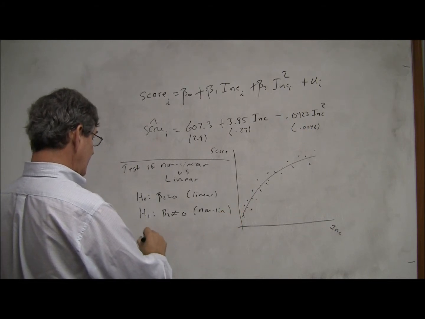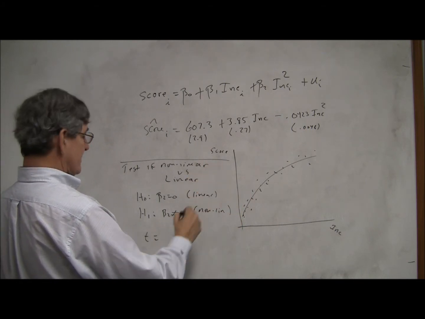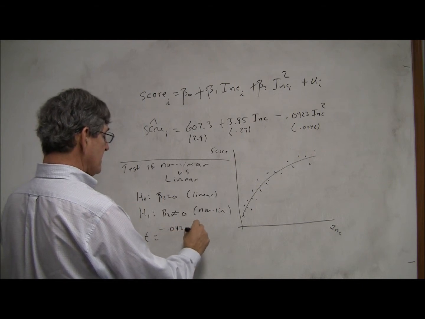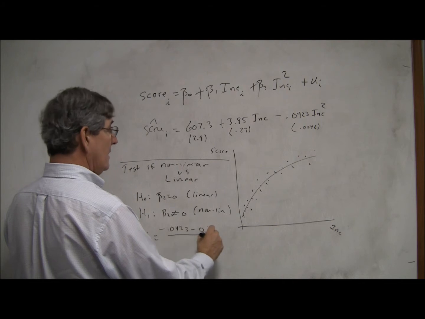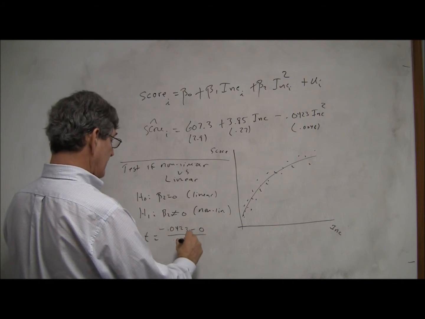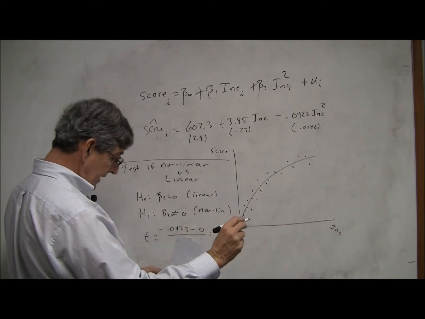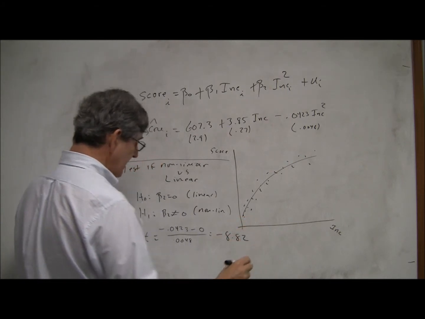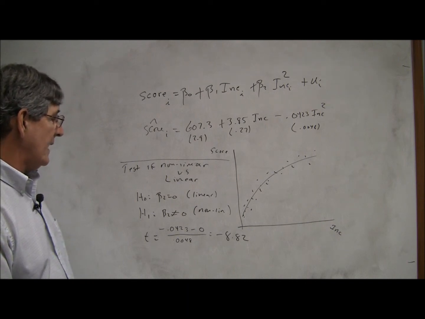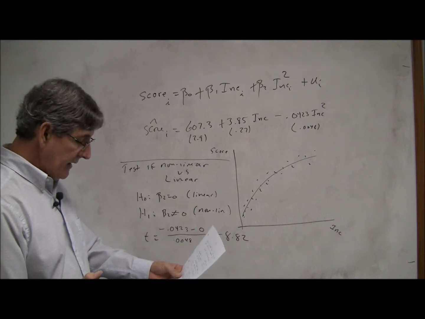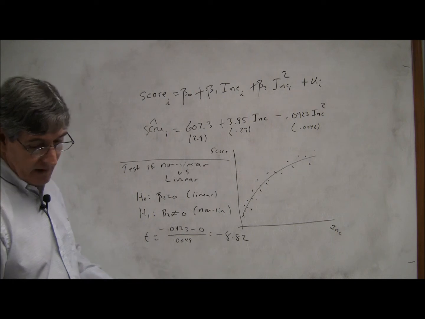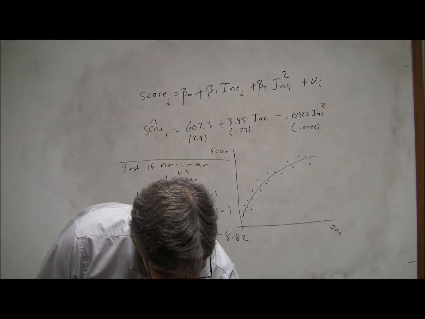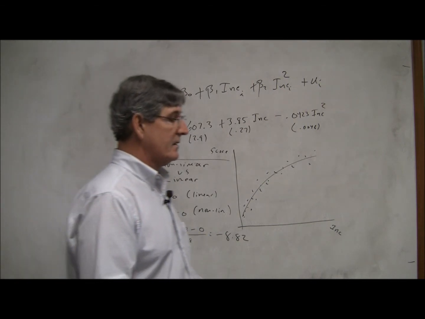If you do the t for that coefficient, I just pointed out that it's pretty obvious that it's significant. Minus 0.0423 actual minus hypothesized 0, over 0.0048. You'll get a t of minus 8.82. That's way bigger than 1.96 in absolute value. And so this is highly significant. And so there really does appear to be a nonlinear relationship between the two.